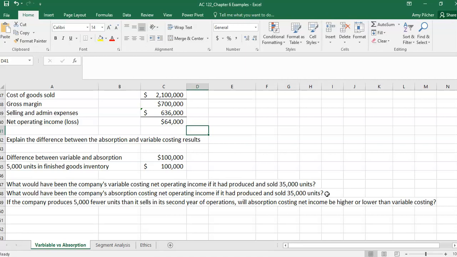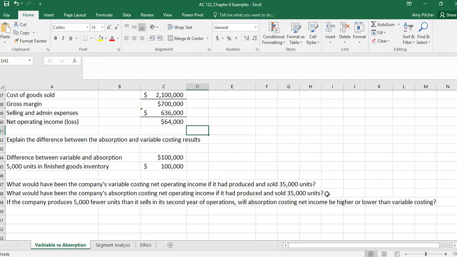If the company produces 5,000 fewer units than it sells in the second year of operations, will absorption net income be higher or lower than variable costing? This also goes back to the Chapter 6 lecture and that summary in the PowerPoint, that summary table.